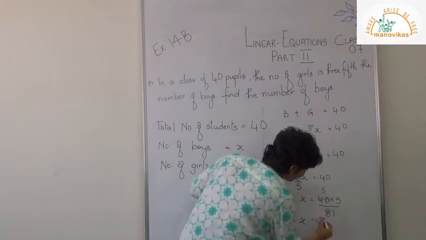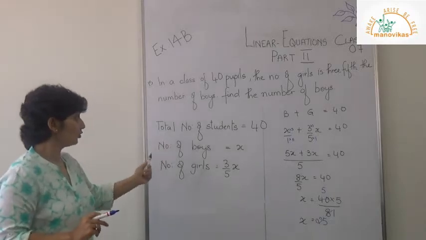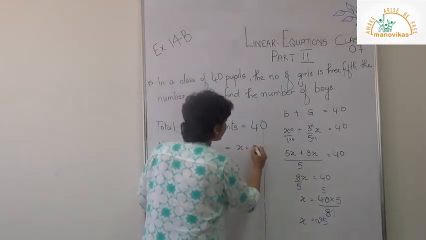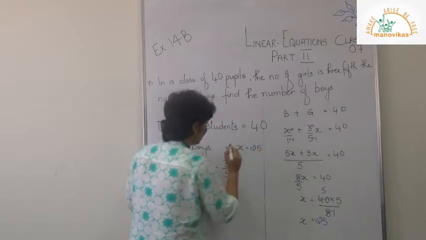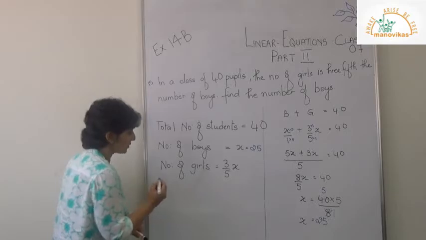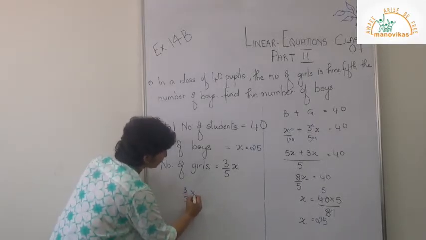So 5 times 5 is 25. So now you know the number of boys is equal to 25. You can also find the number of girls if you wish to. What is that? They are 3/5 of the number of boys.